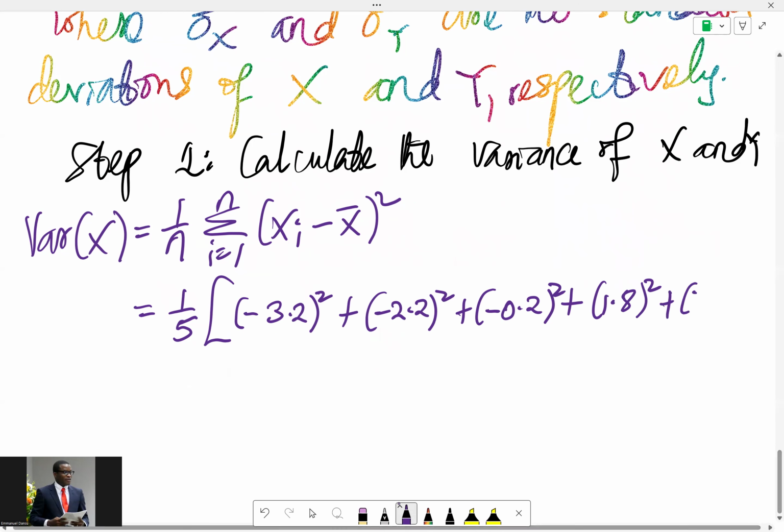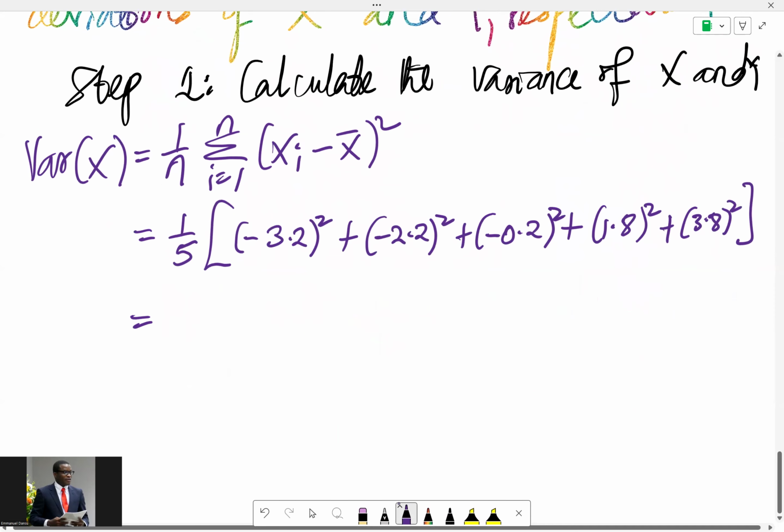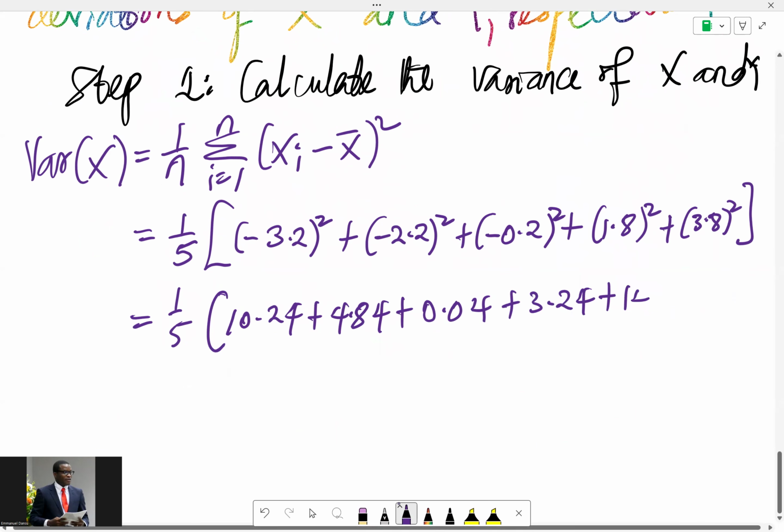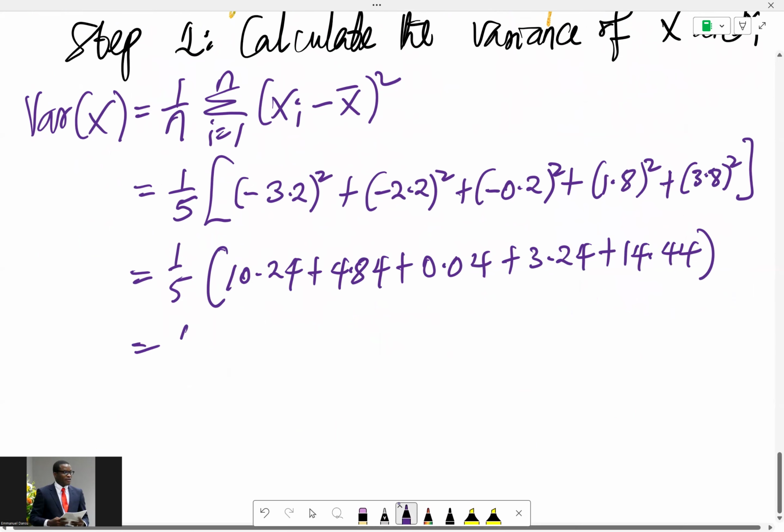So if you expand all this, the variance of x is 1/5 times: minus 3.2 squared is 10.24, minus 2.2 squared is 4.84, minus 0.2 squared is 0.04, then 1.8 squared is 3.24, and lastly we have 14.44. That simply means we have 1/5 multiplied by everything added together, which is 32.8.